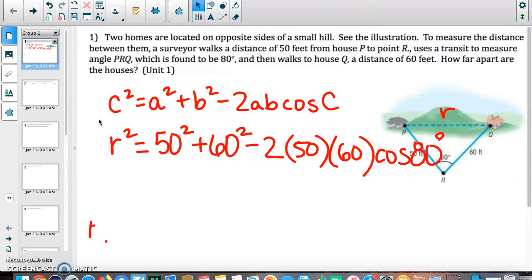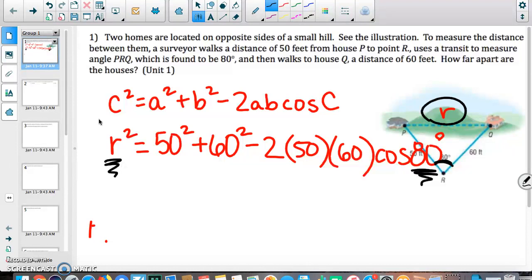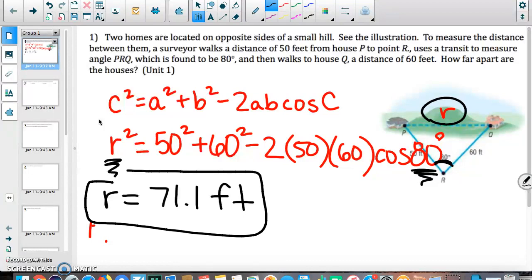And again, the important part is that this angle is across from this side, and this angle is across from this side. So we're good to go. If you just plop that right into your calculator and take a square root, you should get about 71.1 feet. So that is the correct answer there. That is what R equals.